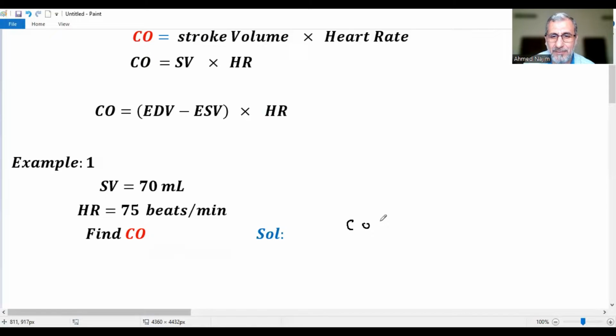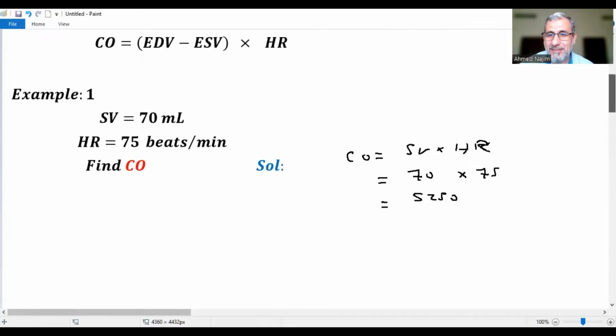Cardiac output equals stroke volume times heart rate, which is 70 ml times 75, equal to 5,250.